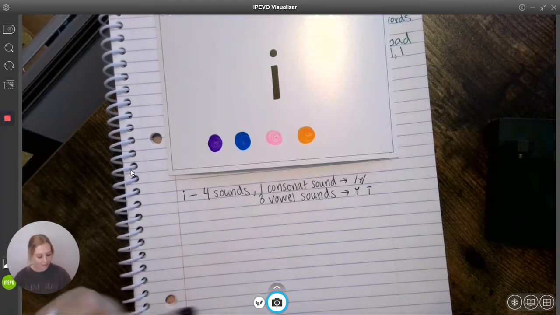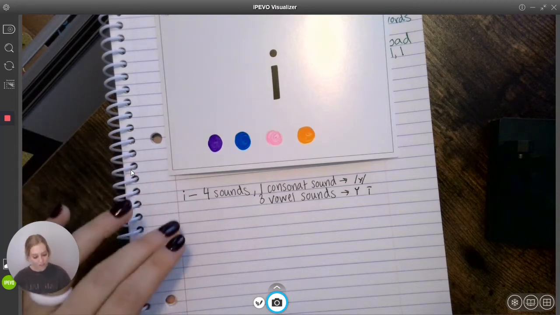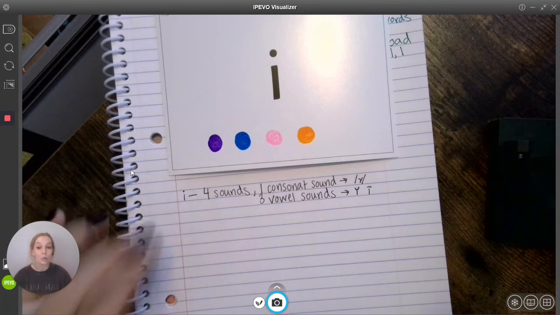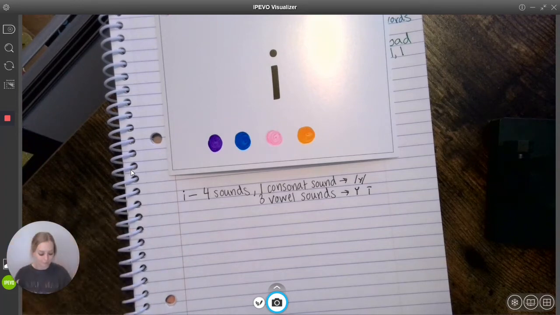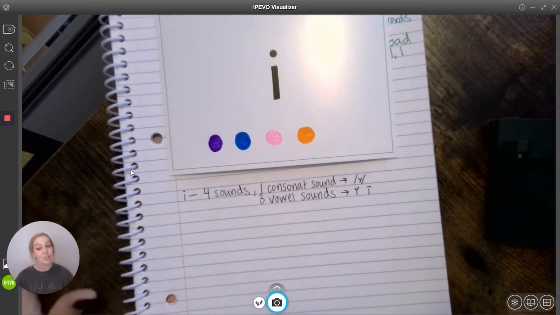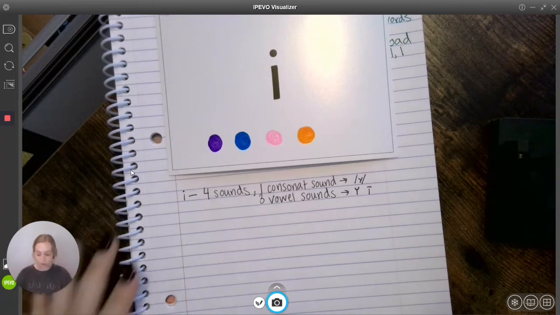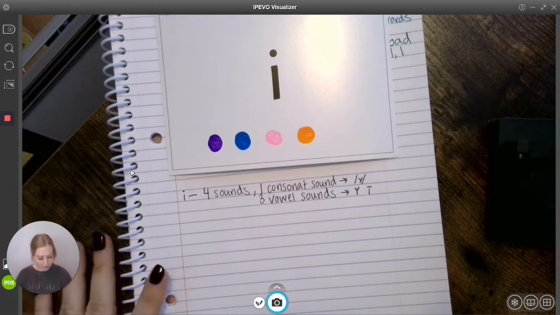Rather, it's a sound due to a change in the way English is spoken. And that's called the Great Vowel Shift. Around the time of Shakespeare, have you ever heard of him? He was a guy who wrote a lot of plays like Romeo and Juliet. So around his time, a long time ago, the pronunciation of long vowels in English changed.